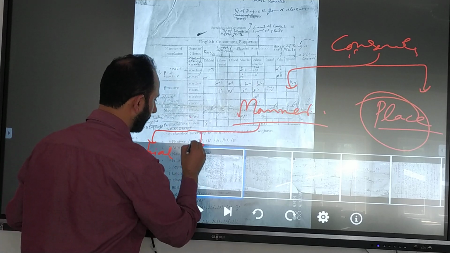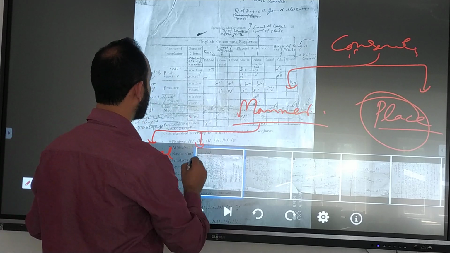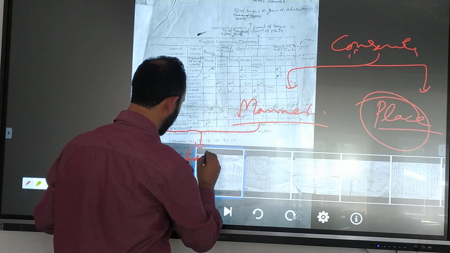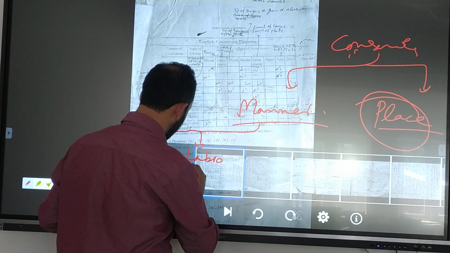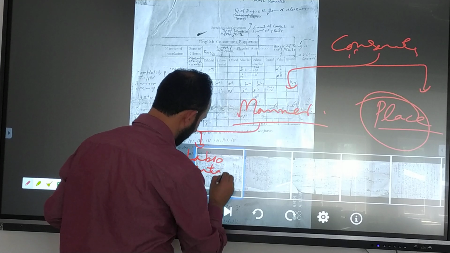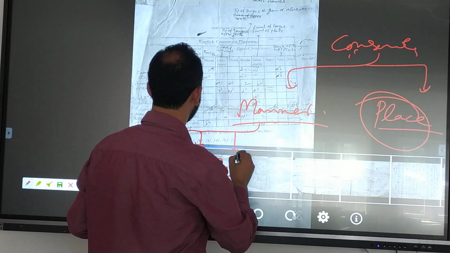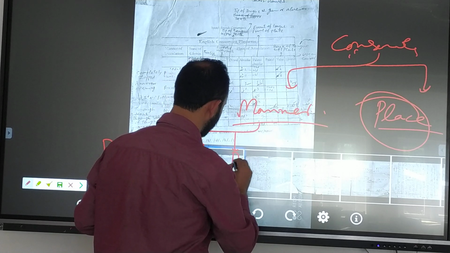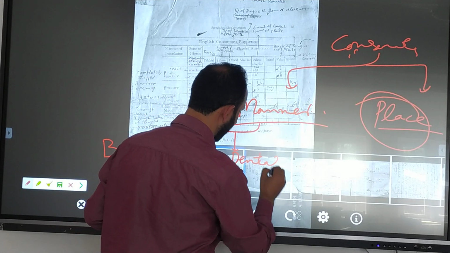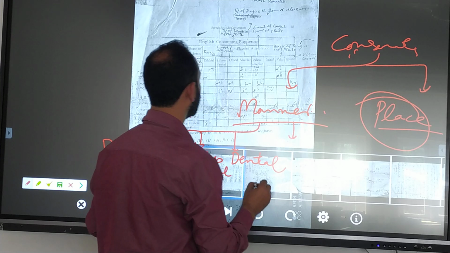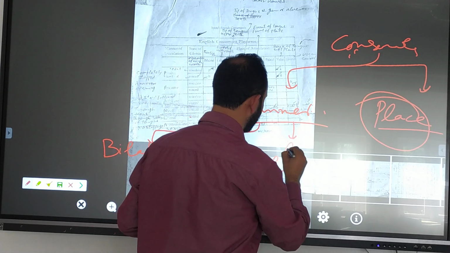Number second, labiodental. Number third, dental. Number fourth, alveolar.